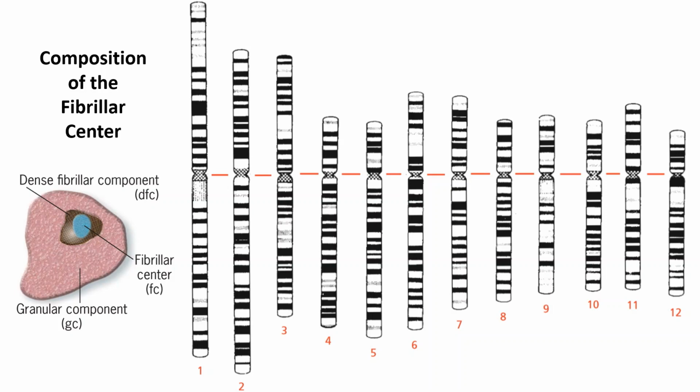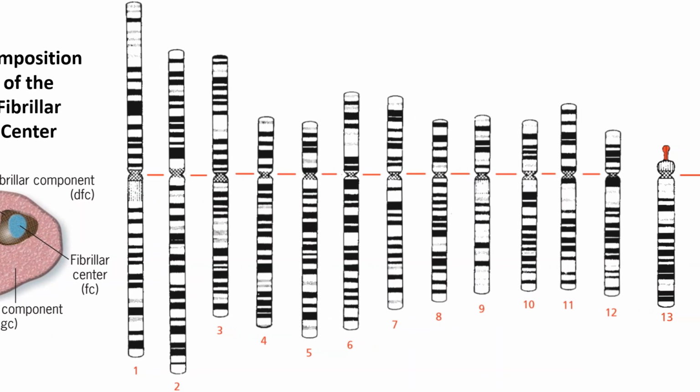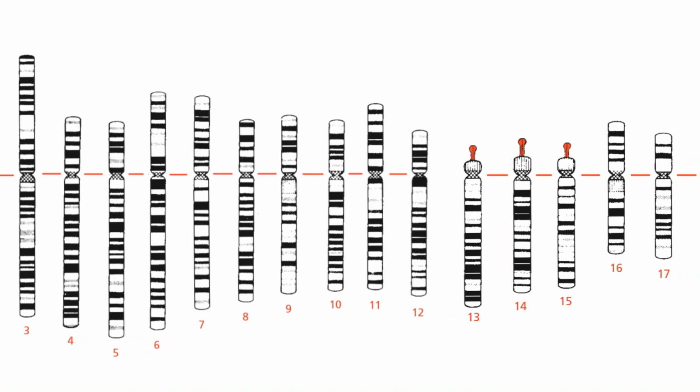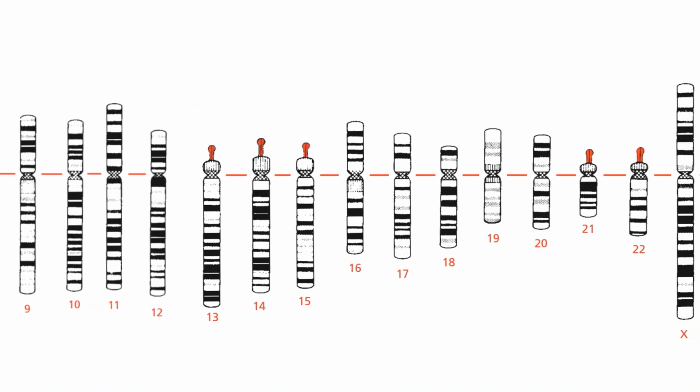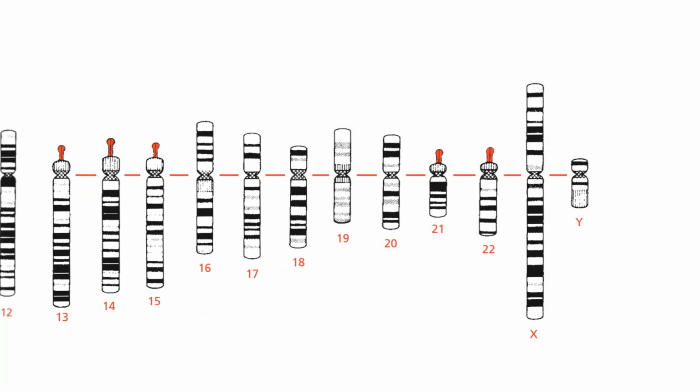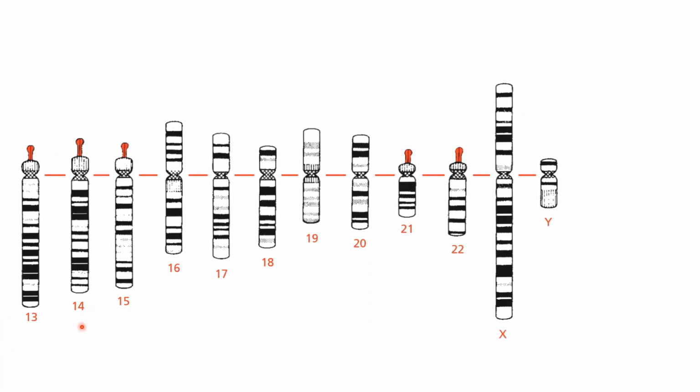In our chromosomes, the rDNA, which codes for the ribosomal RNAs, may be found. But the question is, in which chromosomes? The answer is chromosomes 13, 14, 15, 21, and 22.